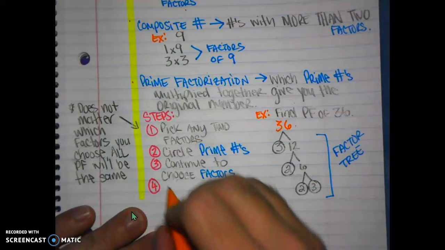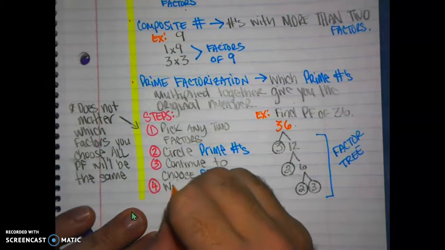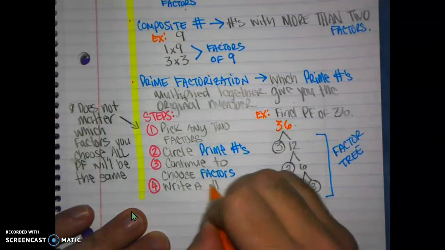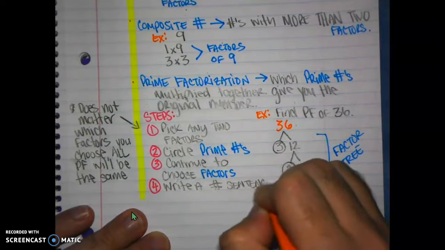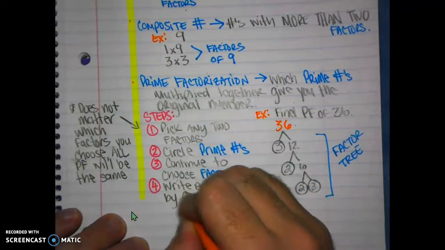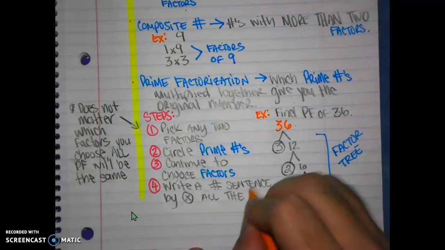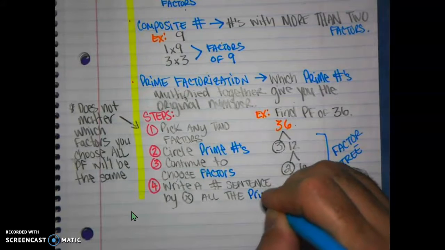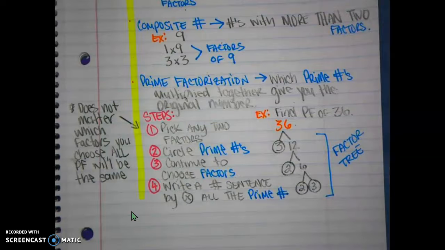So step 4 is to write a number sentence by multiplying all the prime numbers. If you notice, what we circled are all prime numbers.